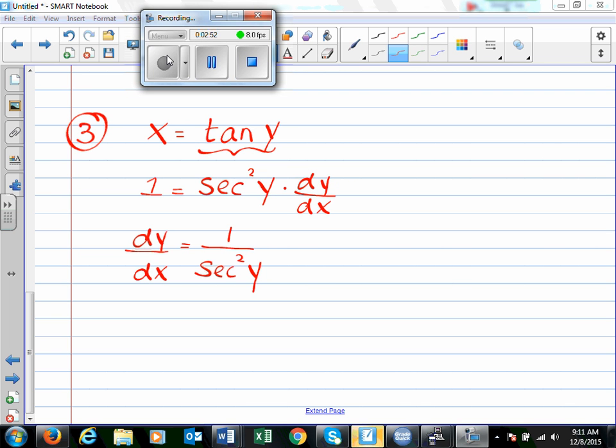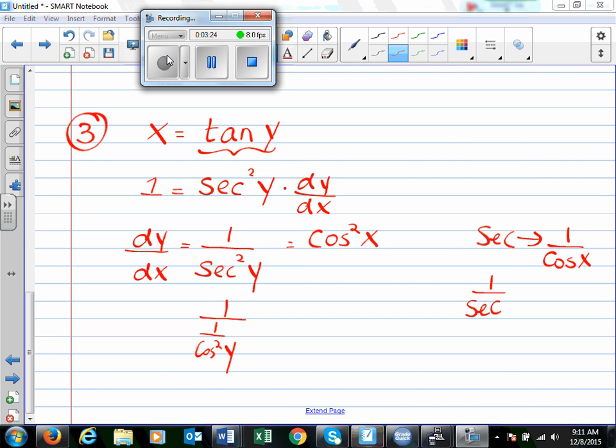Now, what will 1 over secant squared be? How do you get secant? Secant is 1 over cosine, right? So when I do 1 over secant squared, it's 1 over 1 over cosine squared.